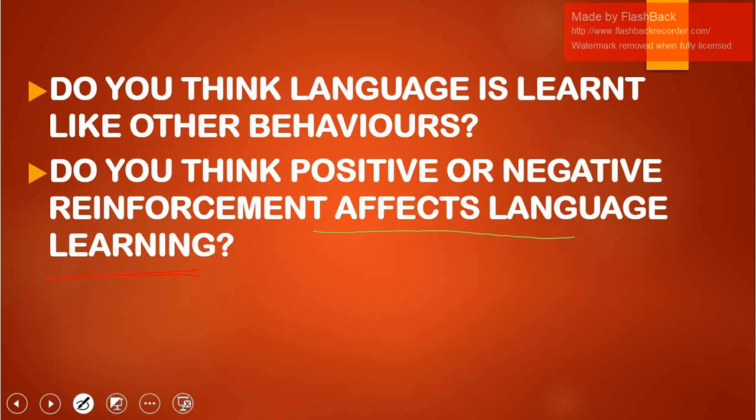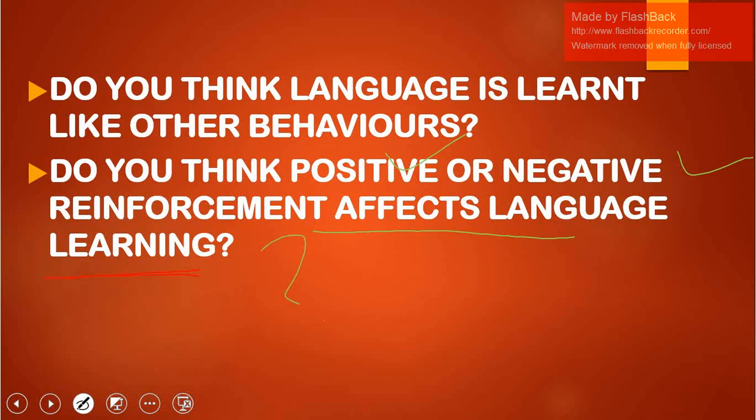So do you think positive or negative reinforcement affects language learning? So what is negative reinforcement and positive reinforcement? Positive reinforcement means if you do something and you are rewarded, you are appreciated. This is a form of positive reinforcement. And what is negative reinforcement?